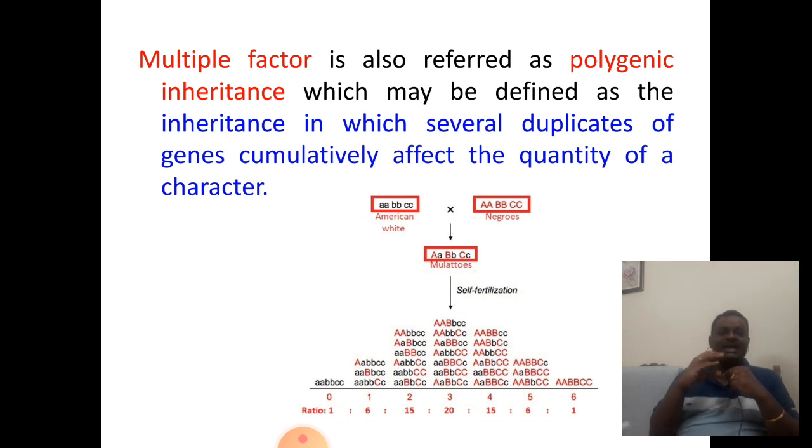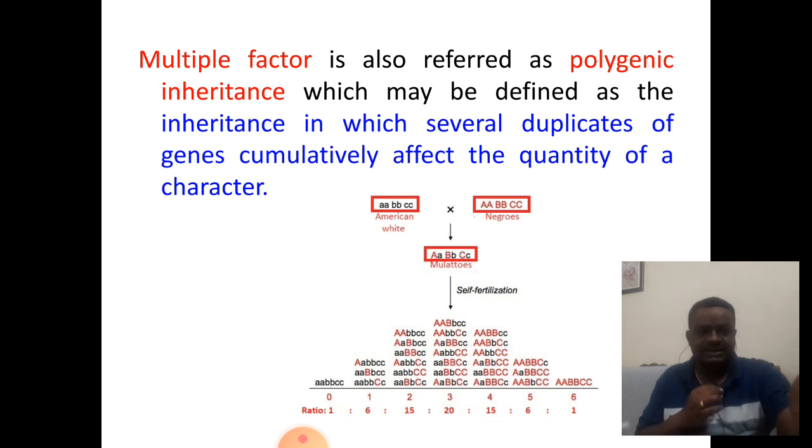So to brief the content, the number of dominant alleles of these three genes will control a phenotype in the skin color of man. I mean to say, as the number of dominant alleles vary, the phenotype of the individual also starts varying. So this is what we call multiple factor inheritance or polygenic inheritance.